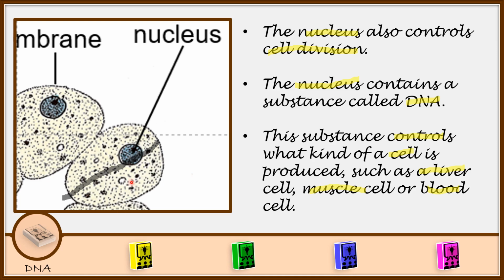It is the DNA in the nucleus which is going to control the type of cells which are going to be produced during cell division, whether they should be the liver cells, the muscle cells, or the blood cells.